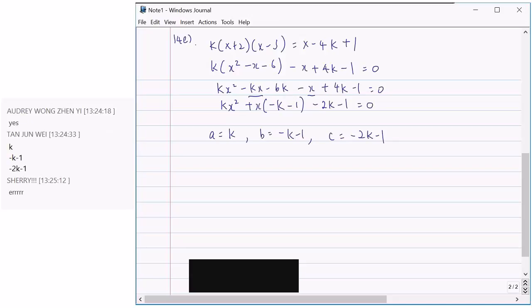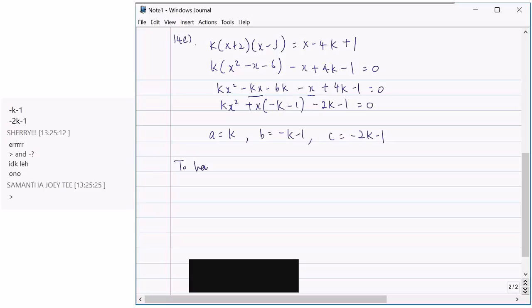By now you should know. What does it mean by two unequal real roots? Yes, to have two unequal real roots, B squared minus 4AC must be bigger than 0.